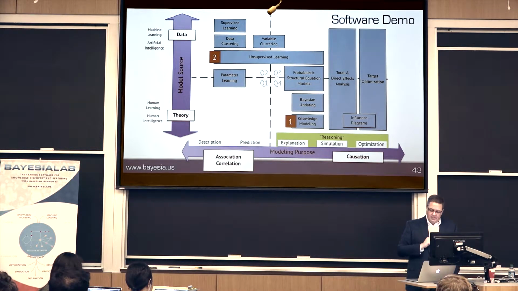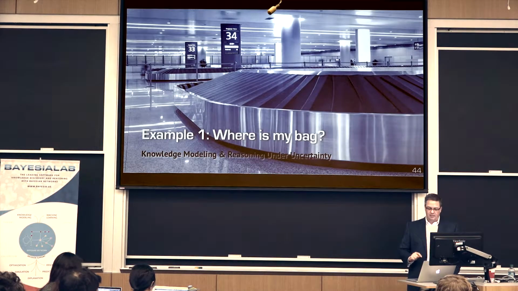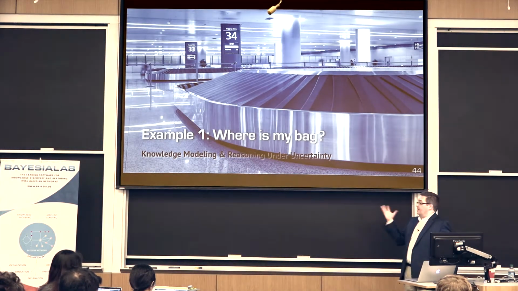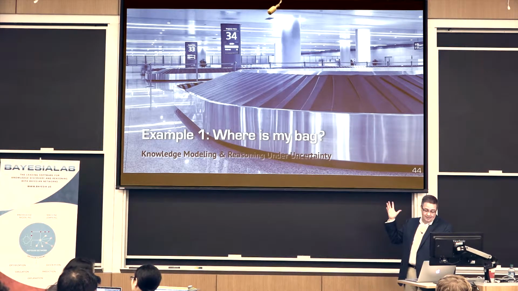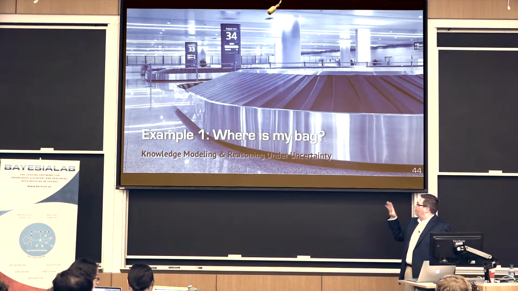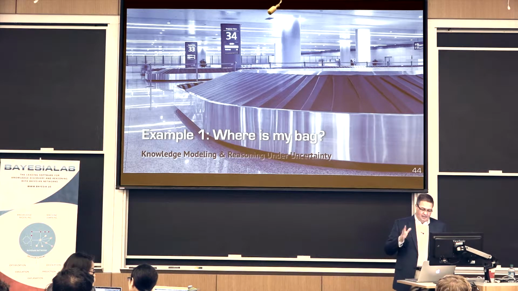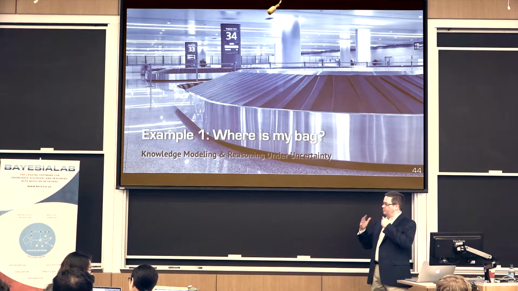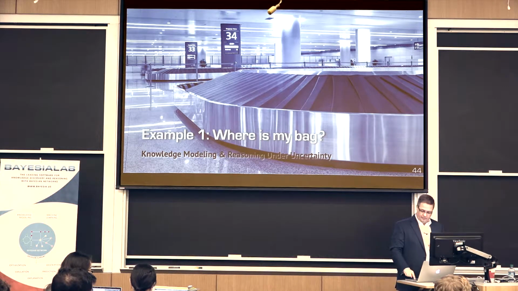Let me briefly describe example 1 before I turn things over to Lionel. And this is probably something we've all experienced. The question is, where is my bag? This is an example about knowledge modeling and reasoning under uncertainty. So now let me just briefly set this up for you, what we're trying to research here.